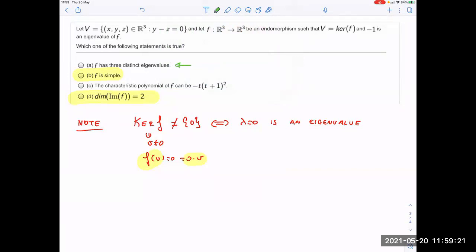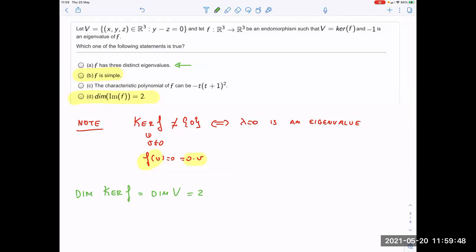Okay, Salvatore Lagrasta says the dimension of the kernel of F is equal to the dimension of V. And V, I hope you see, is a plane in 3 space, so it has dimension 2.